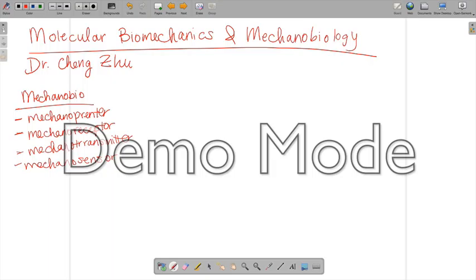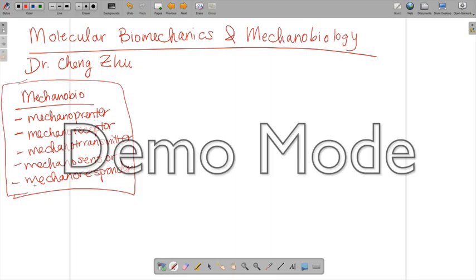And then we also have a mechanoresponder, which is a molecule that changes its mechanical behavior in response to intracellular signals. So these are the fundamental devices, the fundamental parts of mechanobiology at a molecular scale.